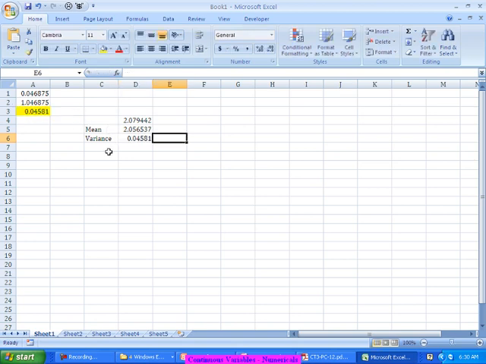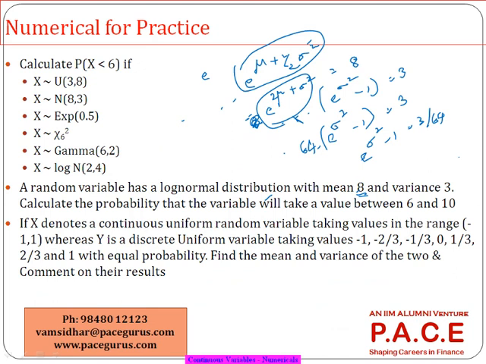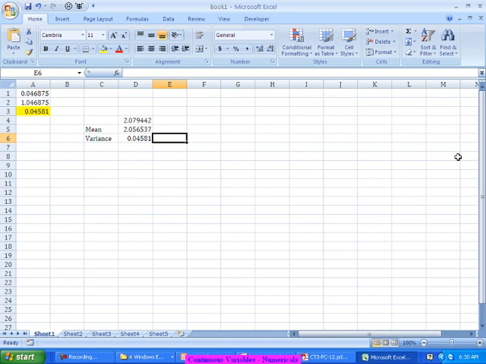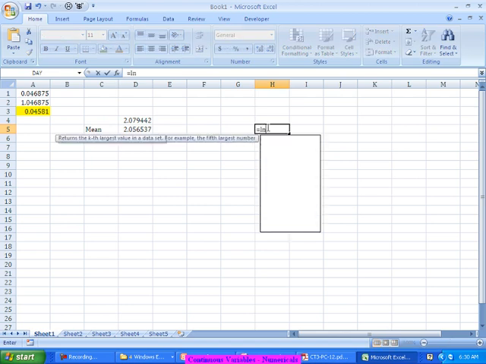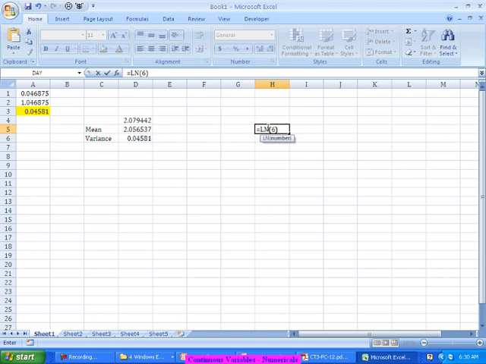Now these two are the inputs I will use to calculate the probability that the variable will take a value between 6 and 10. 6 and 10 means I have to look at between log 6 and log 10. Right? So log 6 is this much. Log 10 is this much.